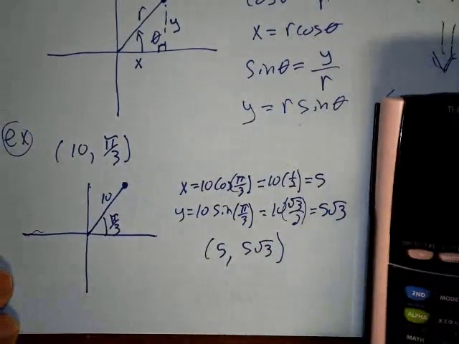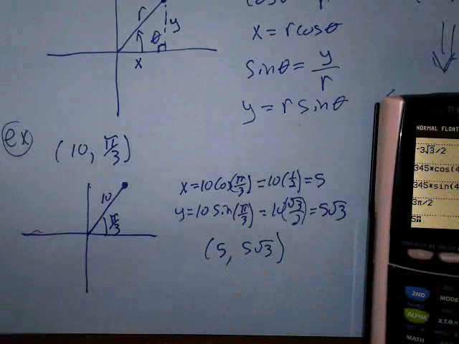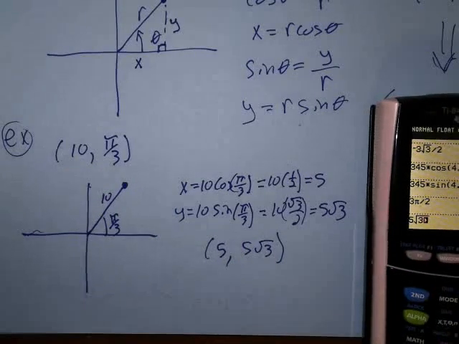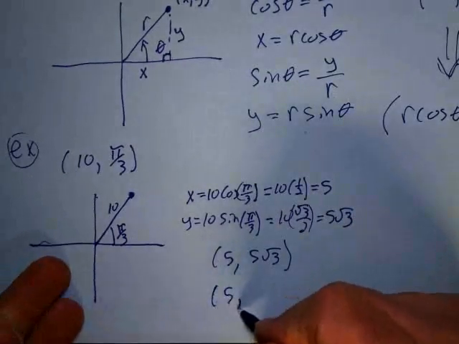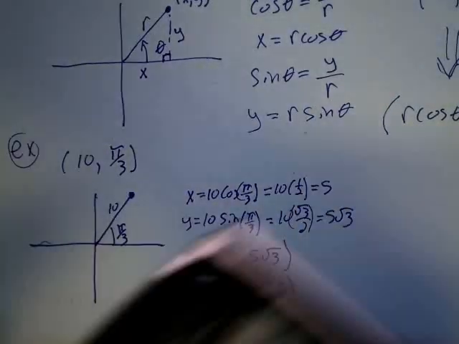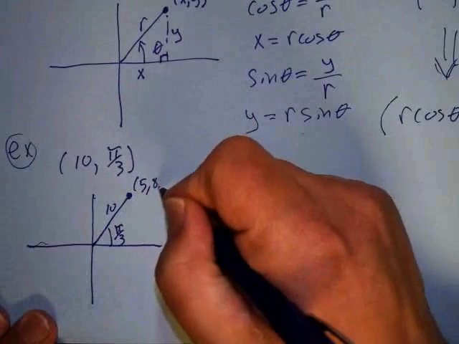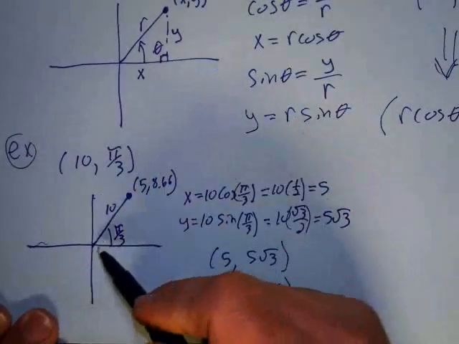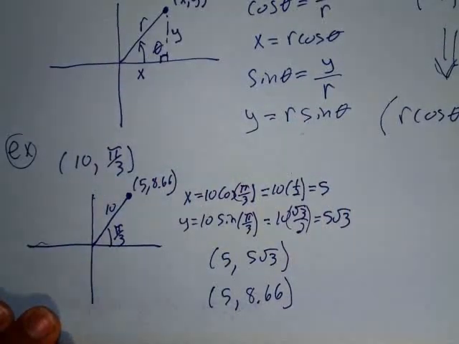We could find what that would be as a decimal: 5 times the square root of 3 is like 8.66, so approximately 5 and 8.66. That kind of makes sense; that's what this point would be here. If this were 10 and that were pi over 3, that would be your ordered pair. Okay?